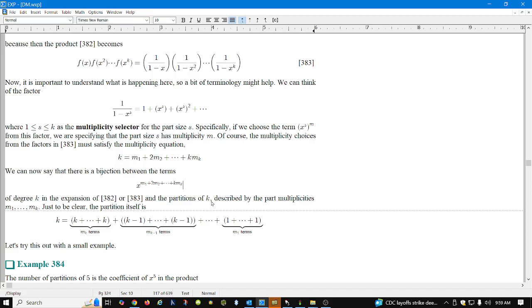The description is that we are choosing the part multiplicities. So once these part multiplicities have been chosen, this is the actual partition. There are mk copies of part size k. In other words, there are mk parts equal to k, m(k minus 1) parts equal to k minus 1, all the way down to m1 parts of size 1.